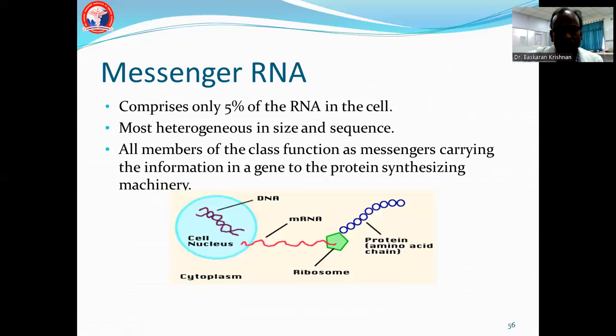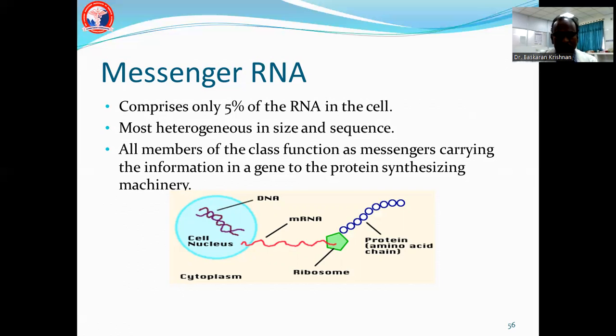This one is messenger RNA, formed in the cell by transcription within the nucleus. It is about 5% of RNAs in a cell.